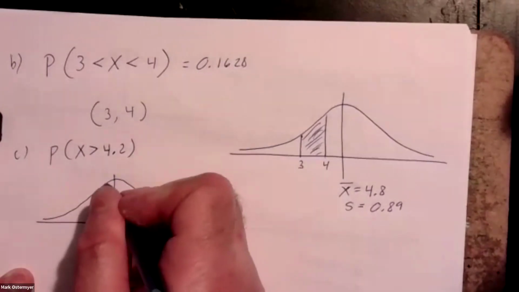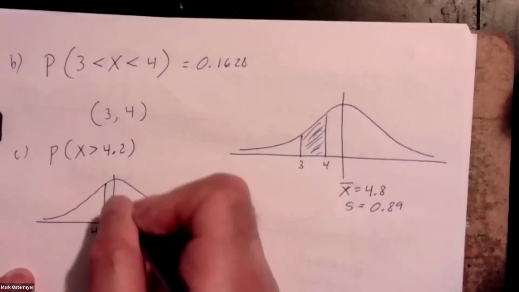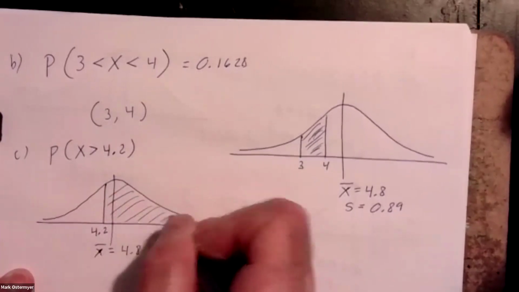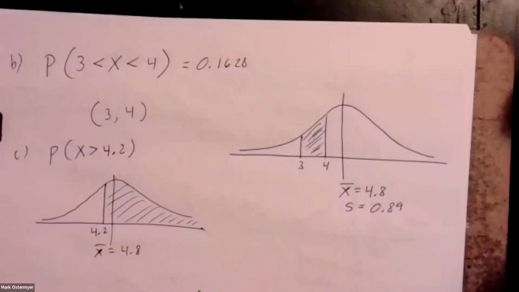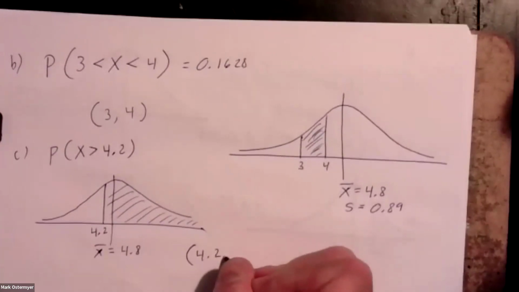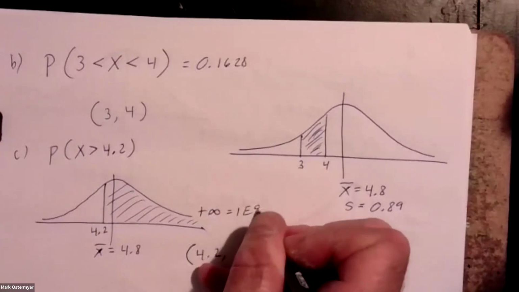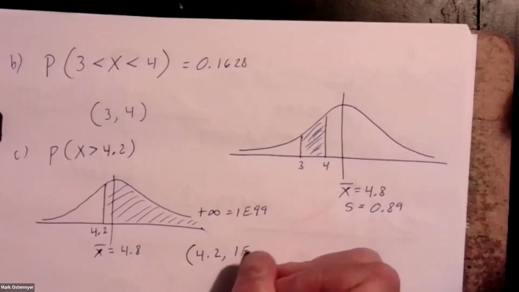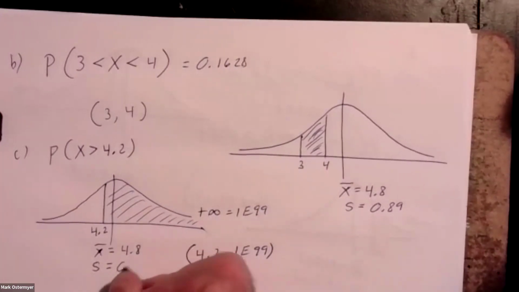Greater than 4.2 is going to be right here. So this area is really equal to this probability. Our lower endpoint of this interval is going to be 4.2, and the upper endpoint is positive infinity, which is 1e99. And keep in mind the standard deviation of this normal distribution is 0.89.